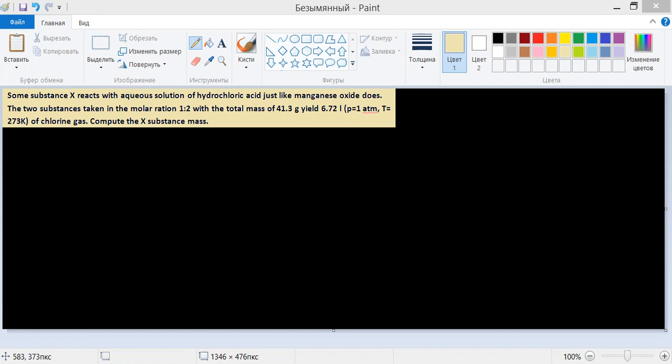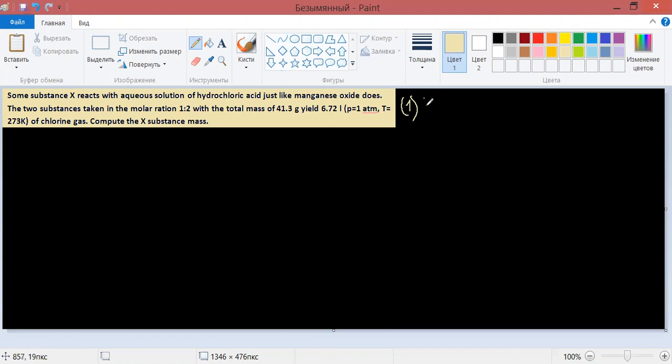So the first reaction: XO2, actually this is the substance X, plus 4 moles of HCl gives XCl2 plus Cl2 plus 2 moles of water.